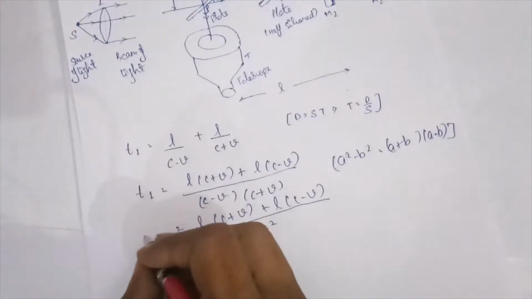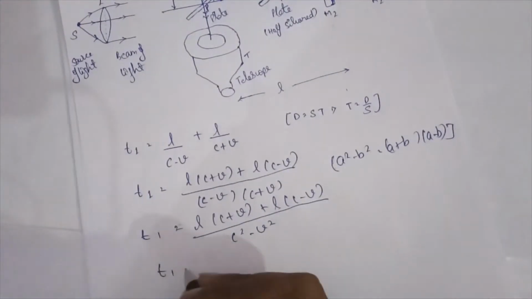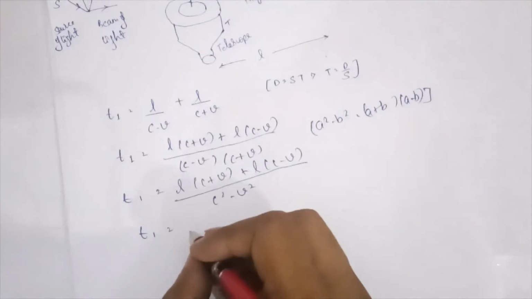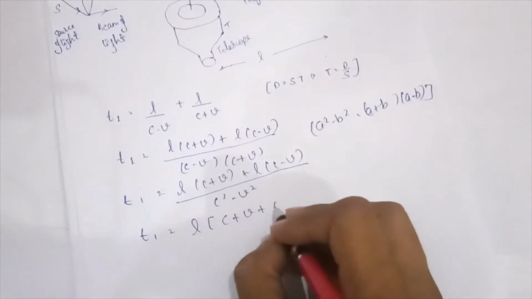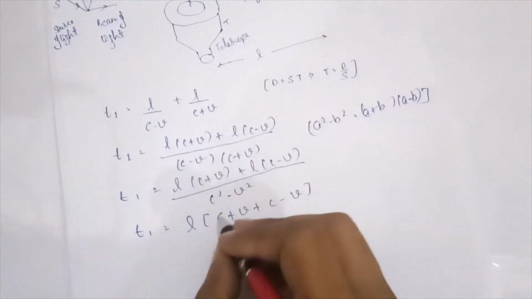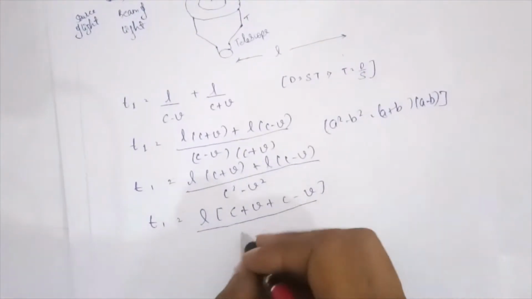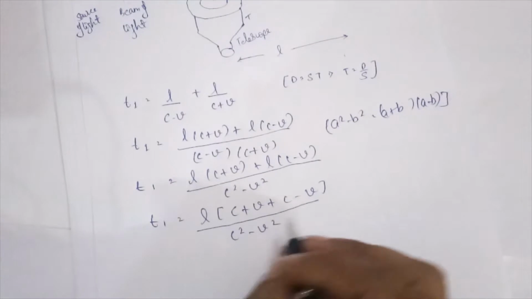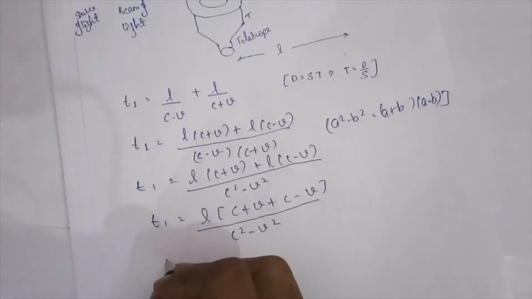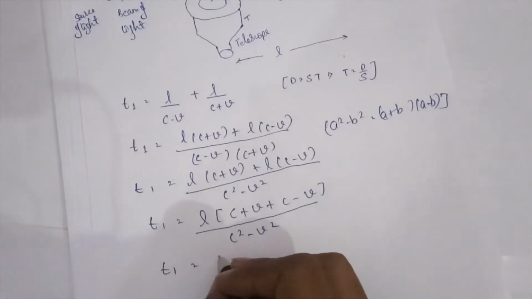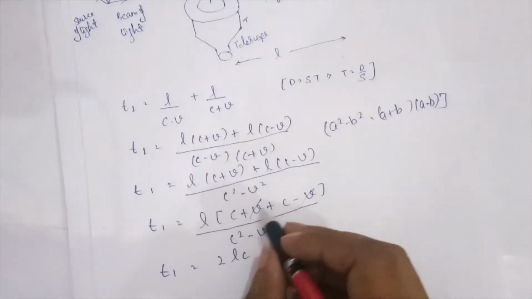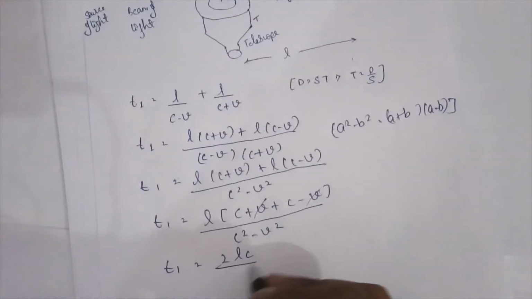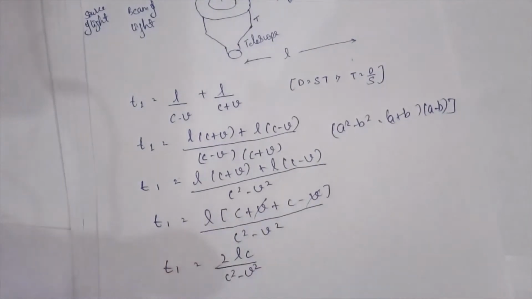Now T1 equals L into (c plus v plus c minus v), taking L common, upon c square minus v square. Now T1 equals 2Lc, because v and v cancel each other, upon c square minus v square.